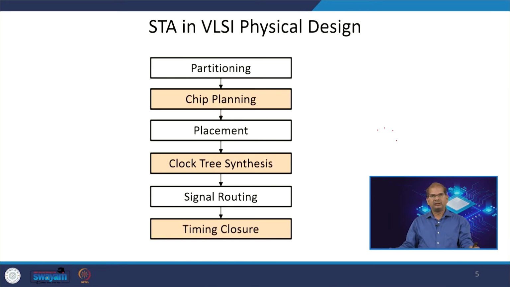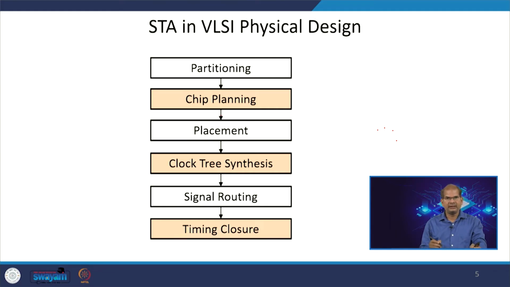So, this is the VLSI physical design flow, but in order to do optimal timing closure at the end of the physical design, we need to check the timing of the design at each step of the physical design flow.